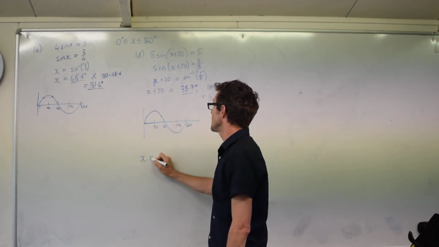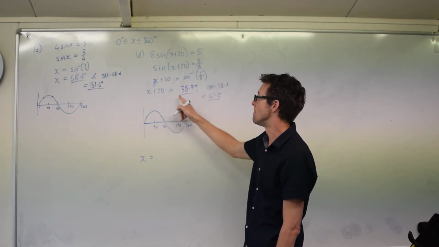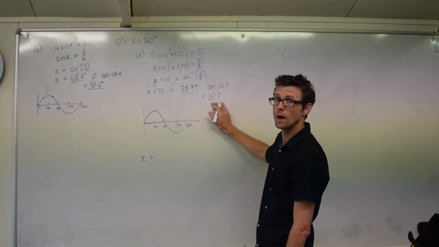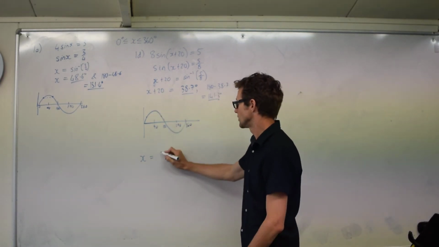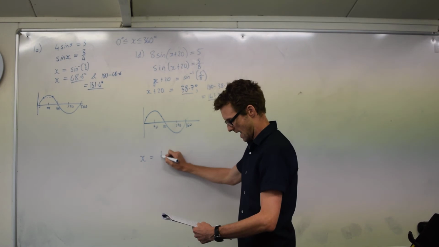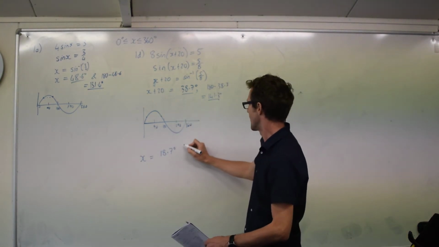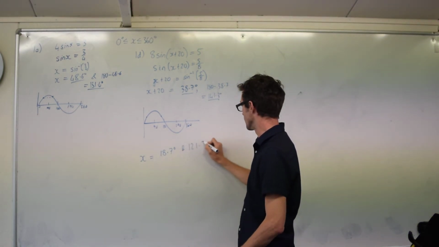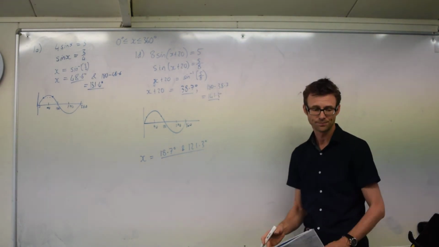So x equals 38.7 minus 20 and 141.3 minus 20. So we're going to end up with 18.7 degrees and 121.3 degrees. So those will be our two answers for this equation.